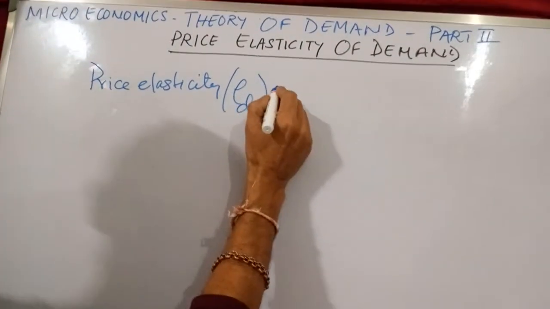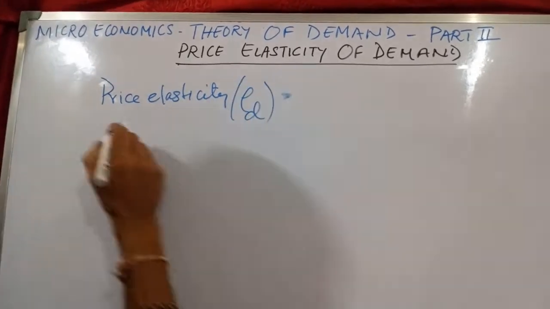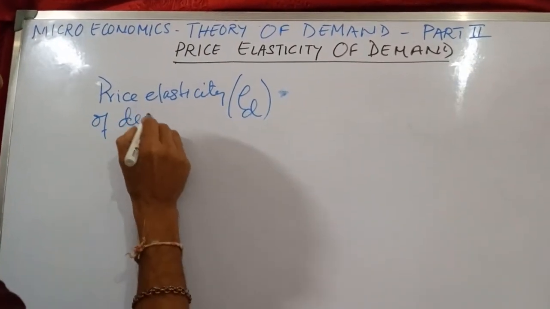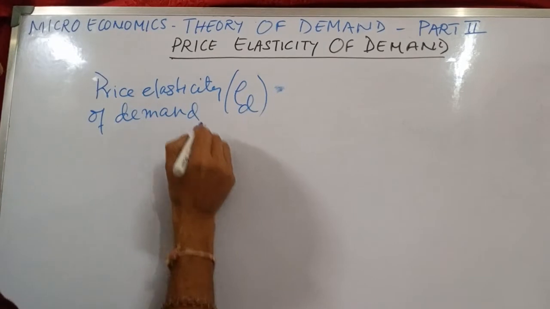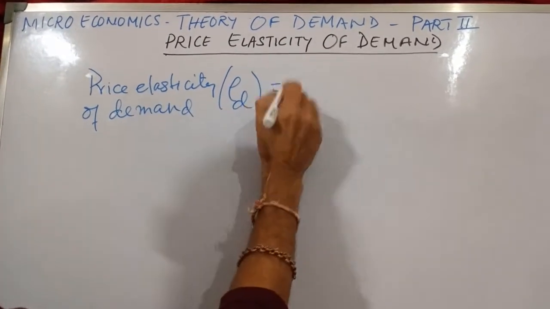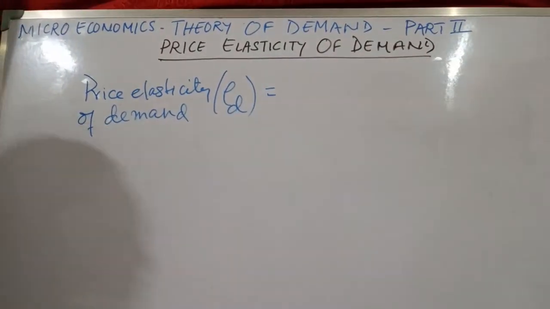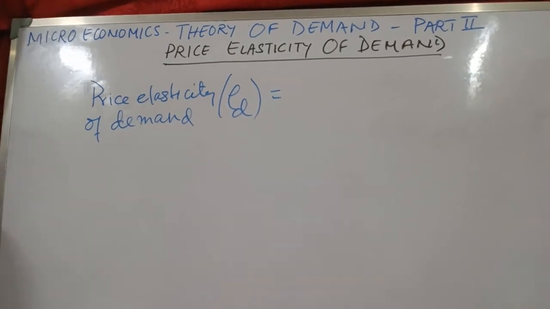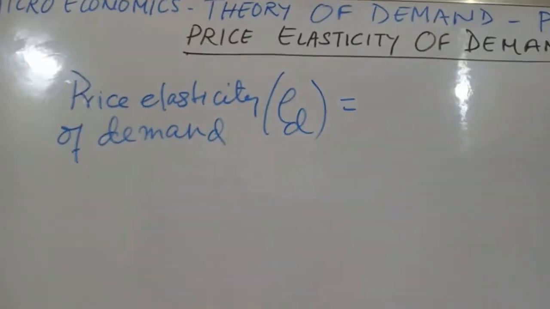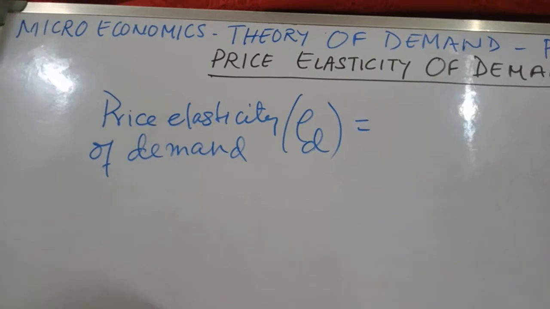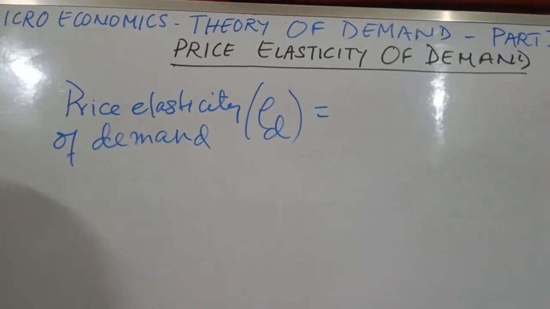Price elasticity of demand is the responsiveness of quantity demanded with respect to change in price, other things remaining the same.